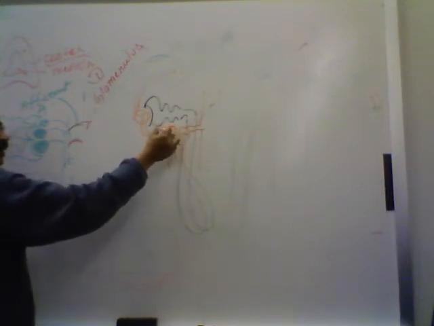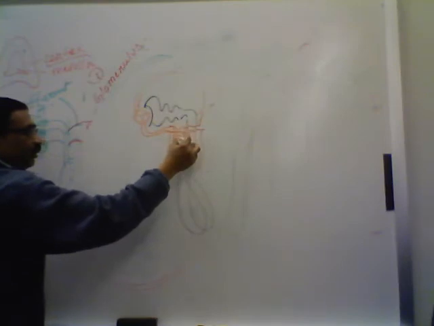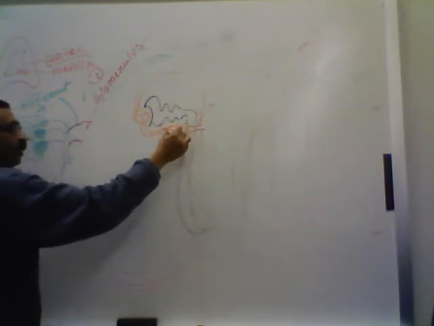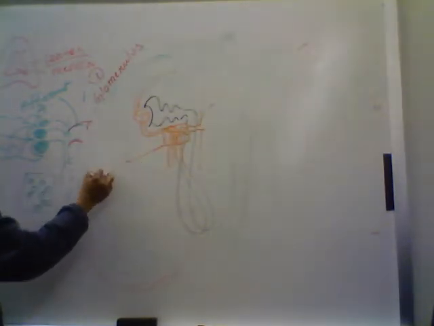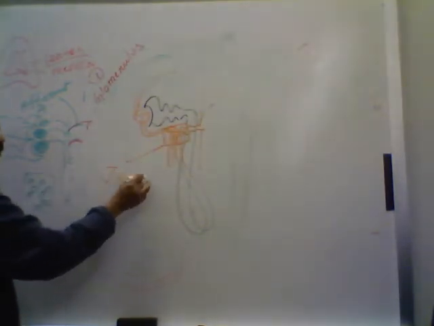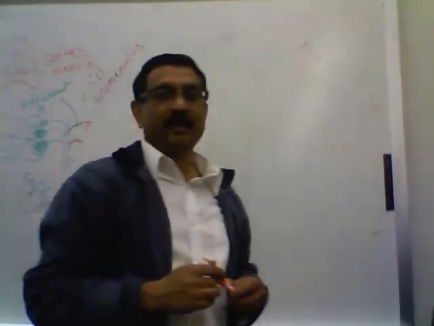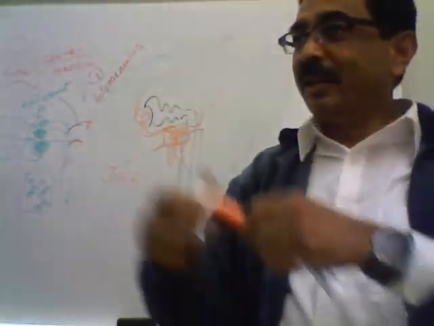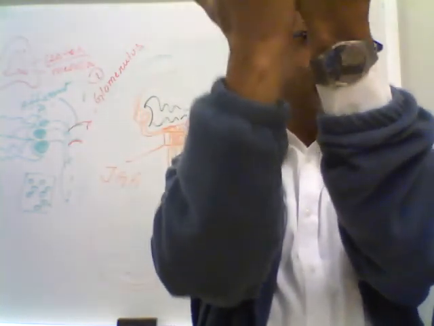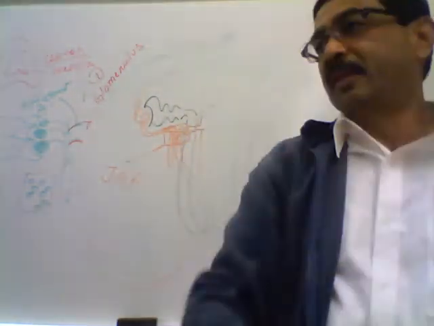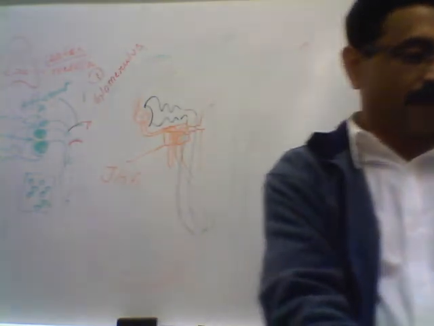These two parts, the tubule and the afferent arteriole, together are called the juxtaglomerular apparatus. So the afferent arteriole and the tubule come very close, side by side. And that is the juxtaglomerular apparatus.